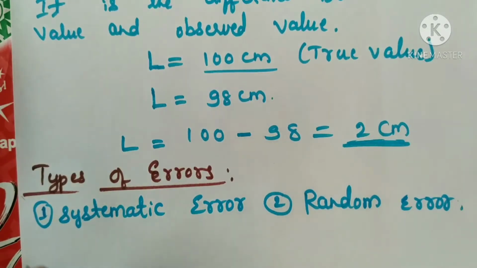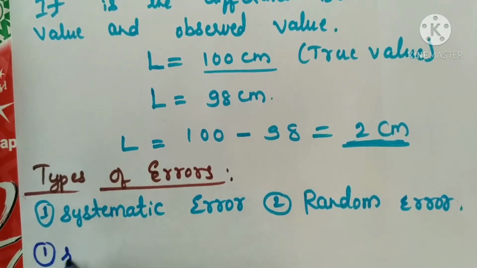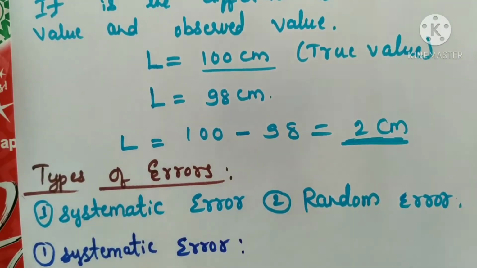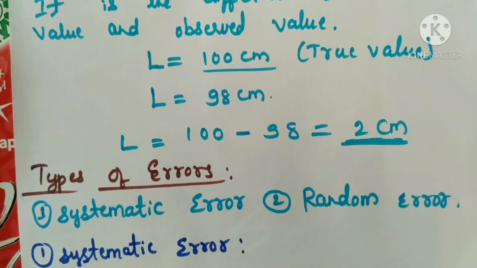So here, systematic error is an error which occurs according to a definite pattern. That means whatever errors are obtained here should be in one particular direction.